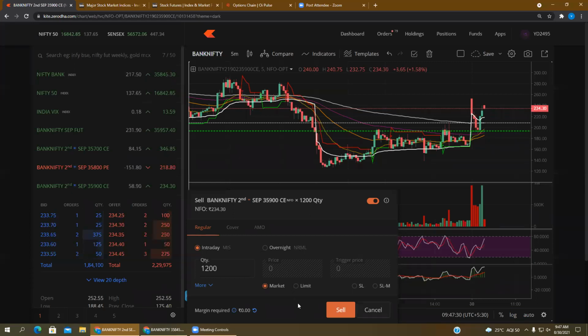If 225 goes, I will exit. 225 is my stop loss.